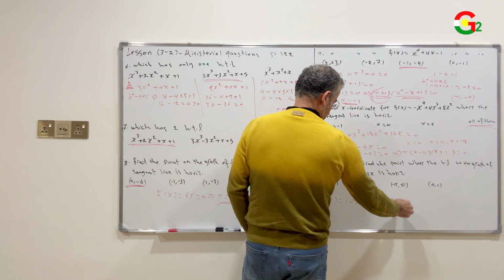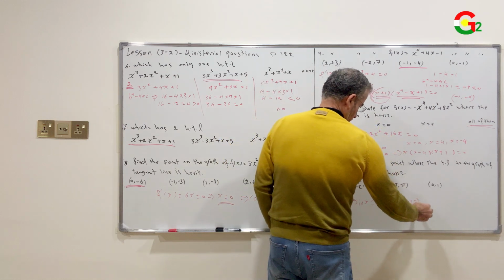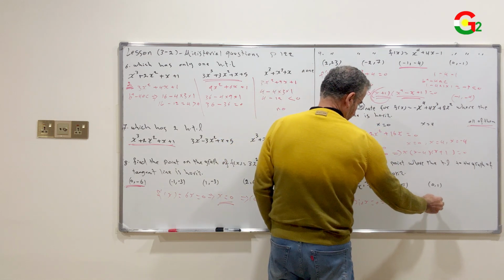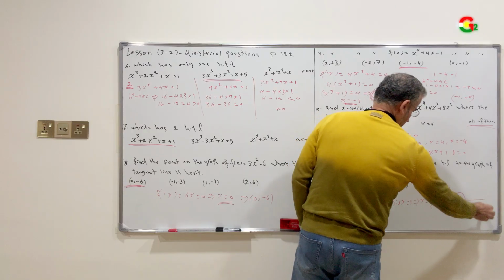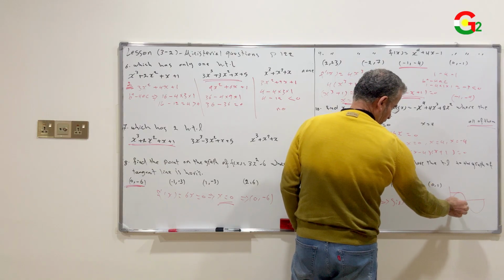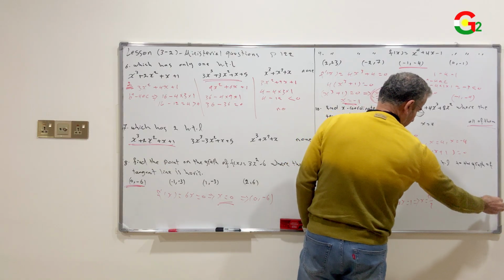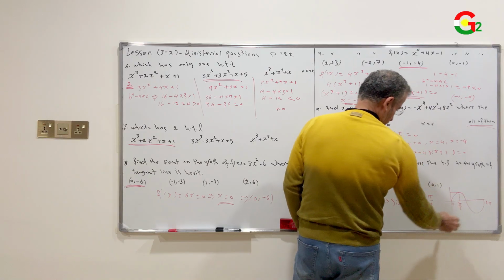Then sine x equal 1. Sine x equal 1 gives you x equal pi over 2. Why? Because this is the graph of the sine. This is the value of 1. Only one value in between 0 and 2 pi. You have only one value. It is pi over 2.